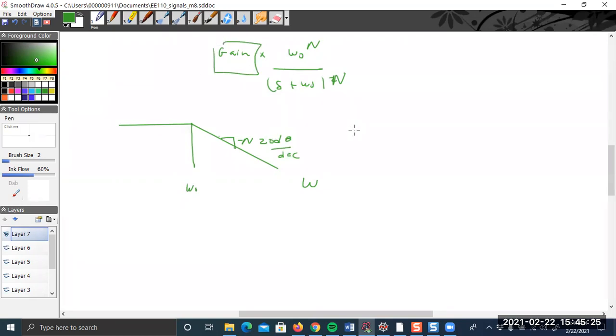And then the phase, there's omega naught divided by 10, and there's 10 times omega naught. That would be 0, and that would be minus 90 times n, minus 45 times n.